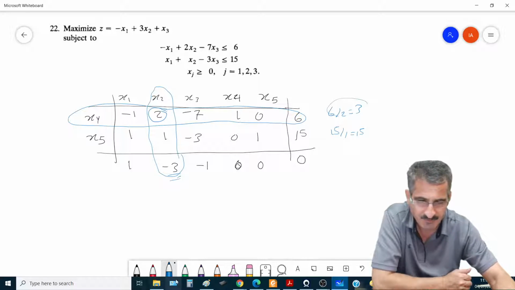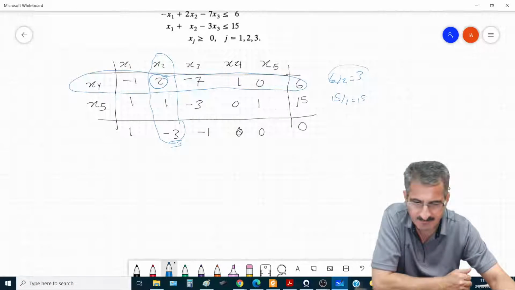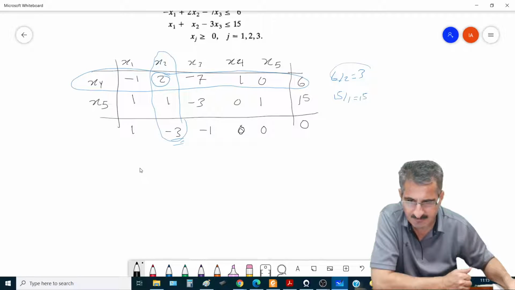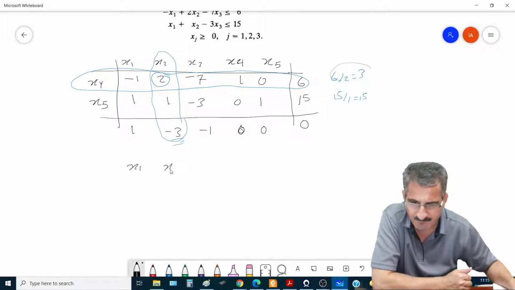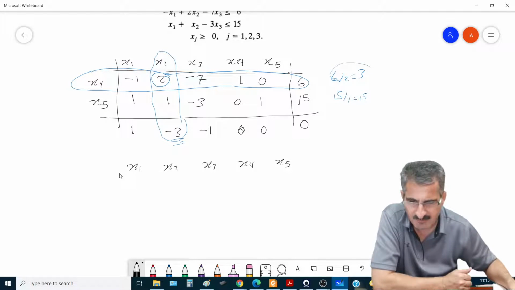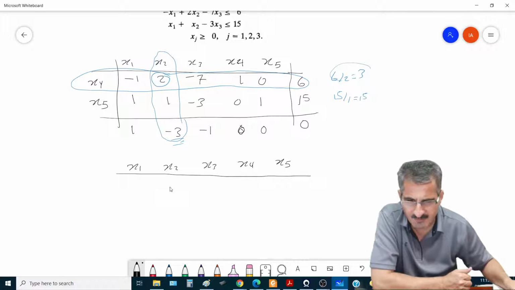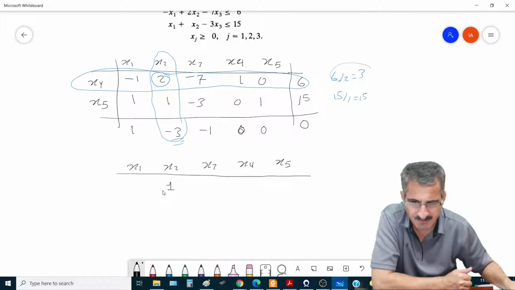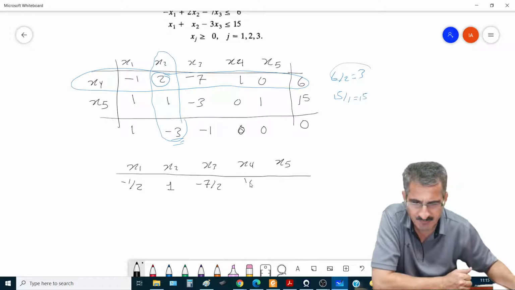Okay, so now let me make another table again. x1, x2, x3, x4, x5. Now this will be 1 here, right? Divide by 2, -1/2, -7 over 2, 1/2, 0, and 3.